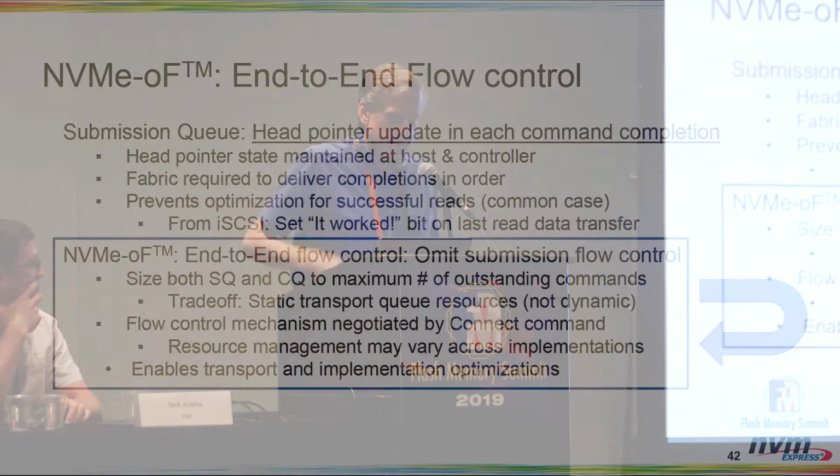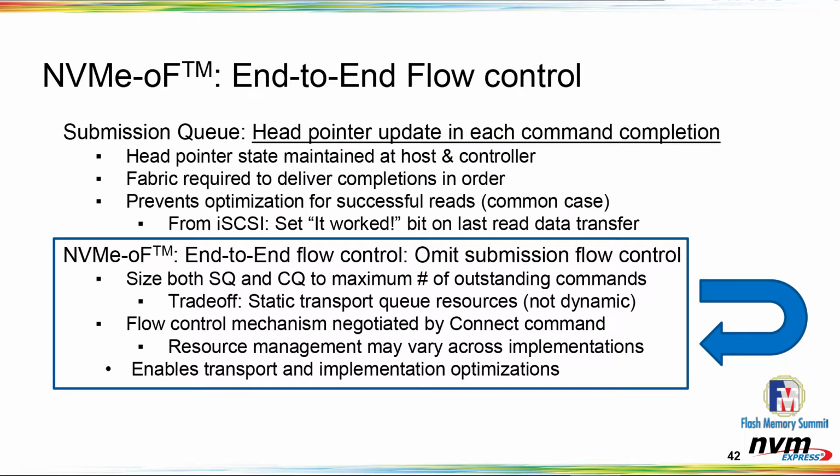So don't send them. NVMe over Fabrics end-to-end flow control omits submission queue flow control. Now, this is not a free lunch. If you can only do flow control based on command submission, you have to size the transport resources to the maximum number of commands you're going to have outstanding on a queue pair, and that turns out to be static when the queue pair is created.